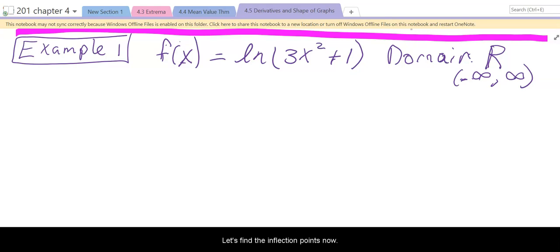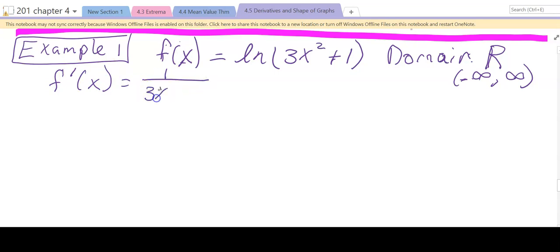Let's find the inflection points now. To find the inflection points, I need to know where it changes from concave up to concave down, or vice versa. To do that, let's analyze the second derivative. First, we find the first derivative, and the derivative of natural log is 1 over u times du dx. 1 over u is 1 over 3x squared plus 1.